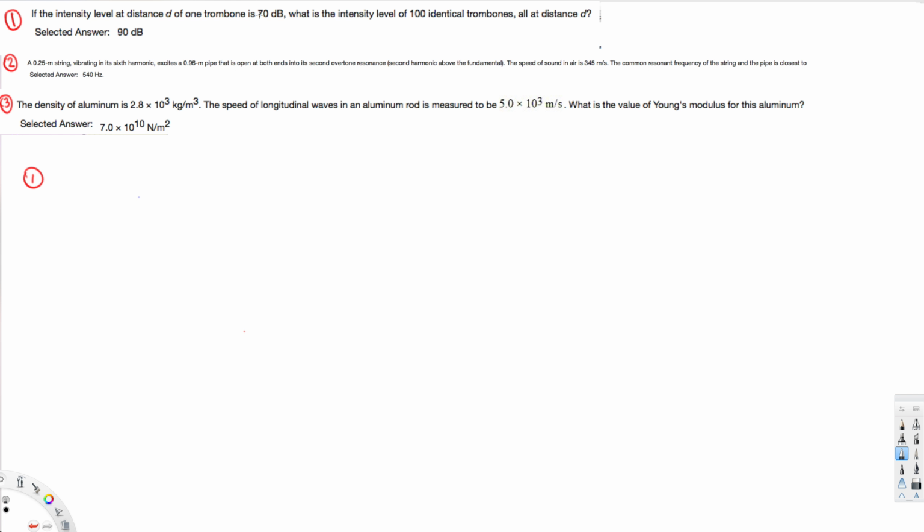First, they have given that one trombone is 70 decibels. We have to convert into watts per meter squared to do the calculation. Here we know that 0 decibels is equal to 1 times 10 to the power of minus 12 watts per meter squared.